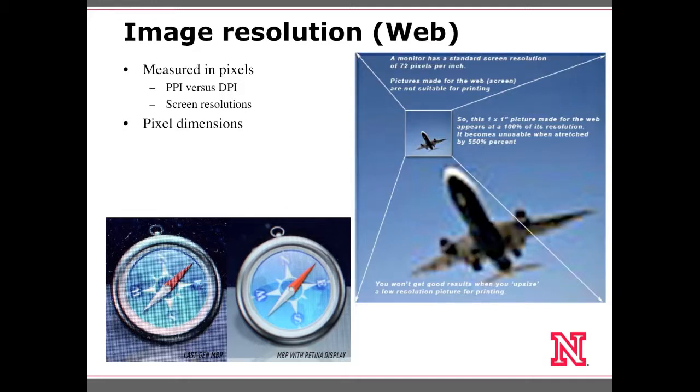The mindset has really been that 72 pixels per inch is the standard for web, and everybody just goes with it. But in reality, monitors are usually a little higher or much higher quality than 72. Here's a little comparison between the last generation MacBook Pro screen and the Retina display MacBook Pro screen.